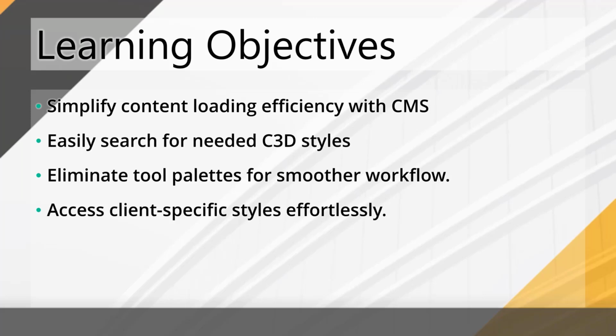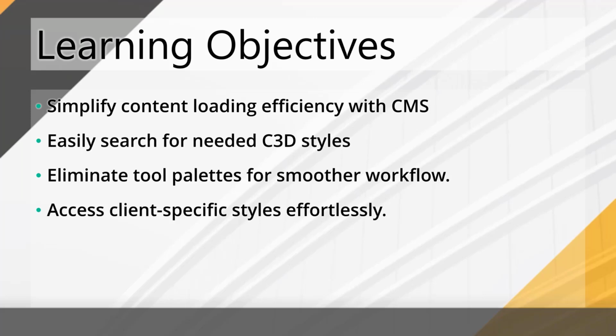So today we're going to talk about, for users specifically, how to simplify some of your content loading and make it more efficient with our content management system, and show you how to easily search for things that you might need in Civil 3D, such as Civil 3D styles, which, as we know, are hard to share at this point.